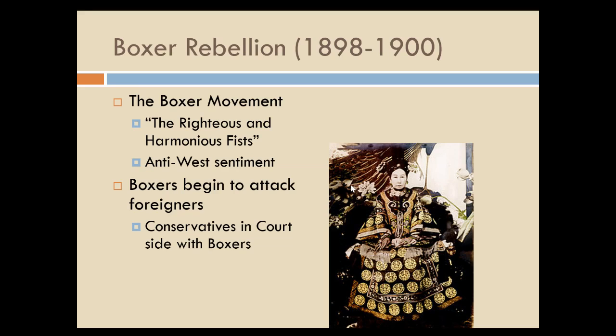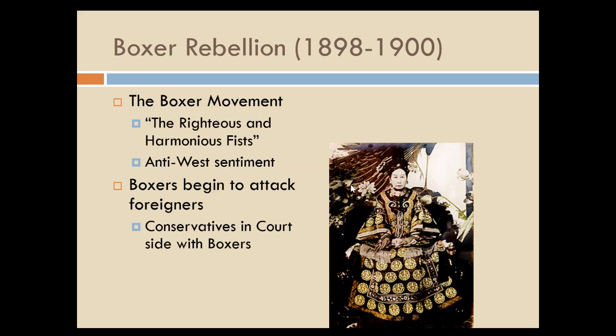with the rebels. Here you have Empress Dowager Cixi, and Cixi was the de facto ruler of China for close to 50 years, as we have talked about before. The emperor had become, as he got older, much more held in sway by the conservative forces of the court.